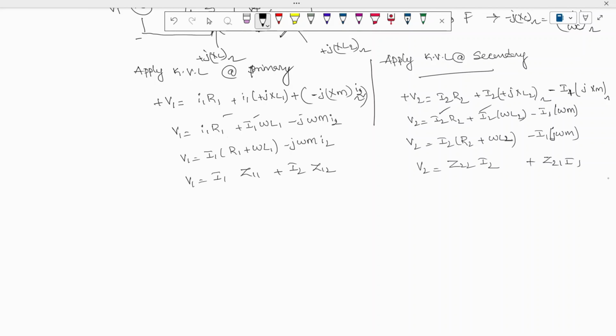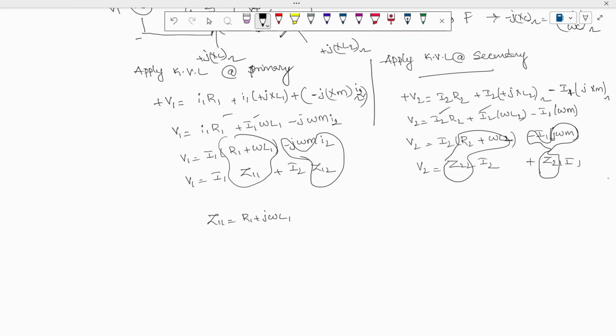So when you write in a standard matrix format to understand things, this is the value of Z12, this is the value of Z22, and this is the value of Z21. From the above, Z11 is equal to R1 plus j omega L1. X can be written as omega L, so j gets repeated.